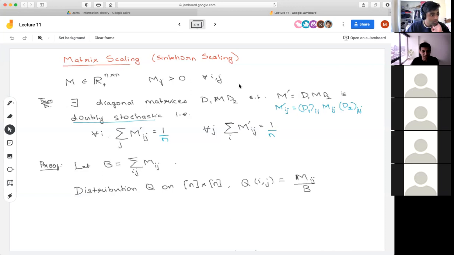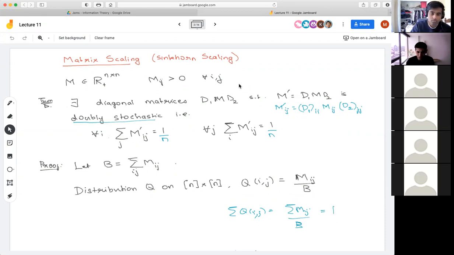So let's start. Let's say we take our original matrix and convert it into a distribution. So basically we take capital B to be the sum of all the entries in our starting matrix, and divide all the entries by capital B. So now all the entries add up to 1.